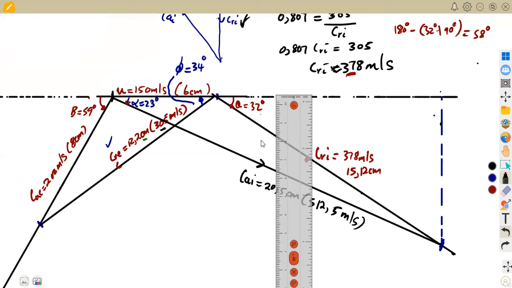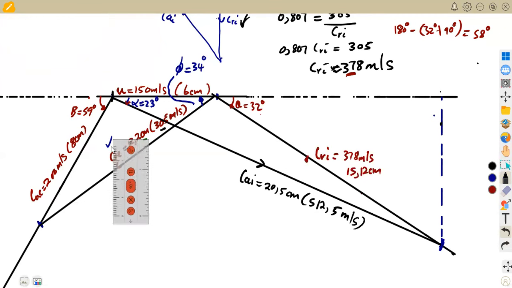But I zoom in, I zoom out, so it affects my angles at the end. I just hope you understand the idea that I'm trying to explain: be accurate on drawing your vertical line.